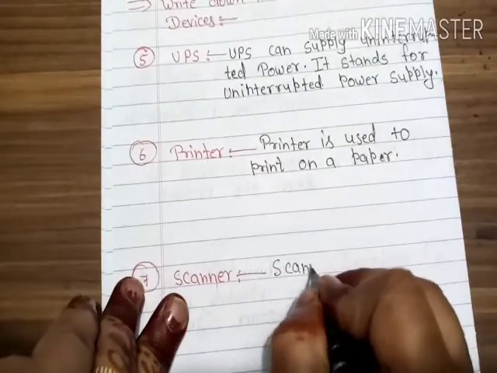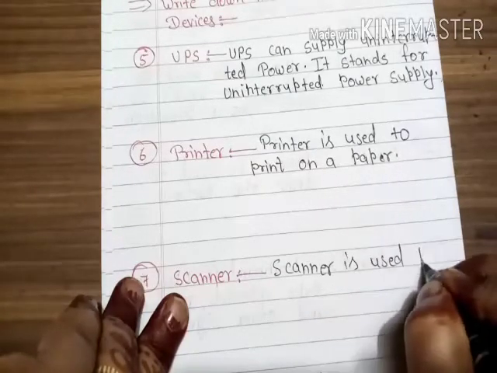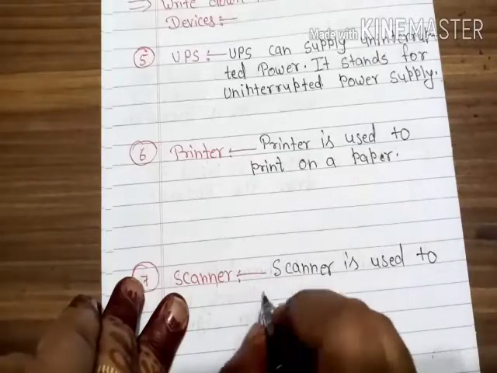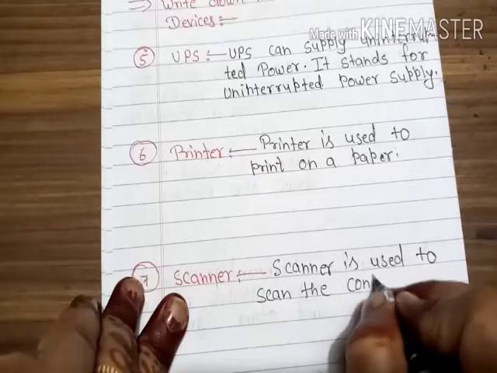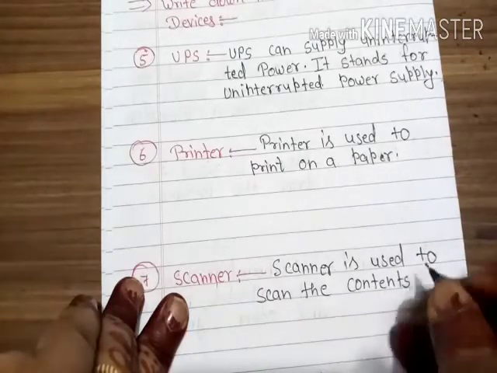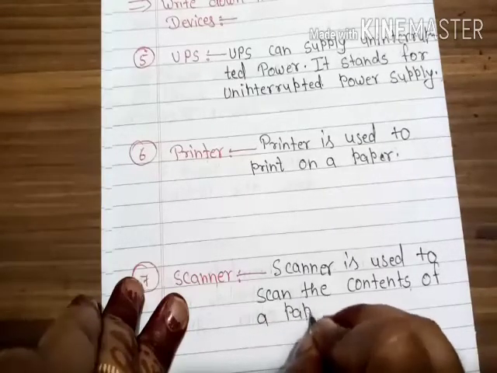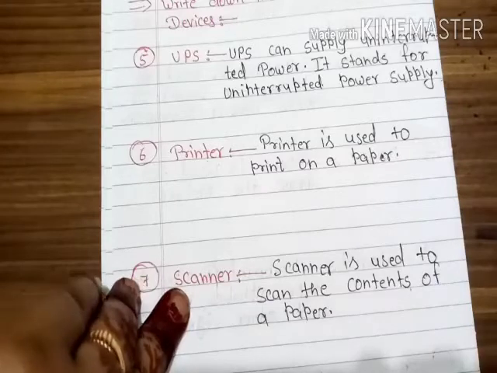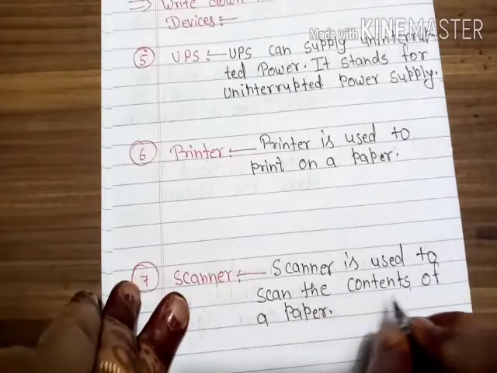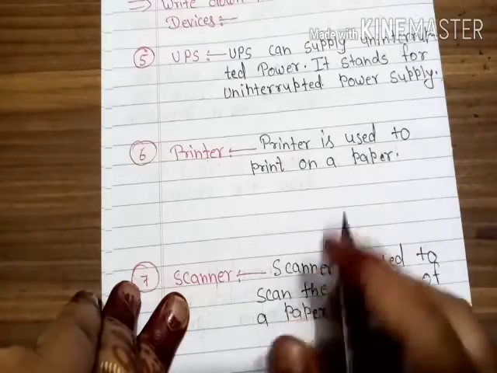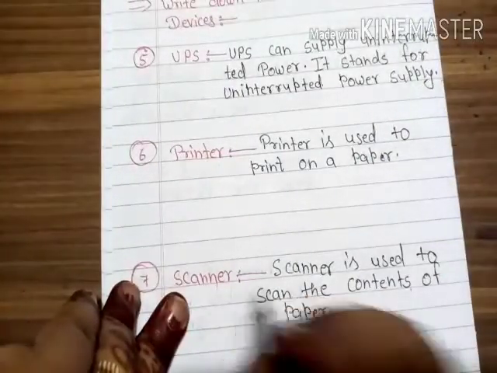Scanner is used to scan the contents of a paper. So what is the use of scanner? Scanner is used to scan the content of a paper. Whatever is written on your paper can be scanned by the scanner.